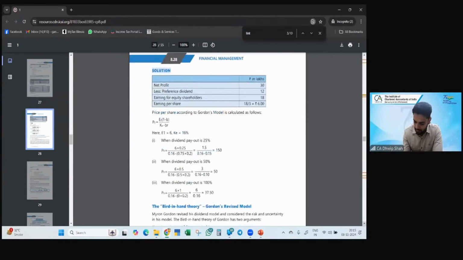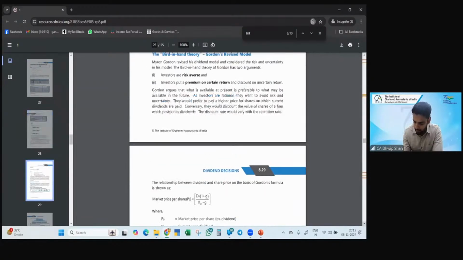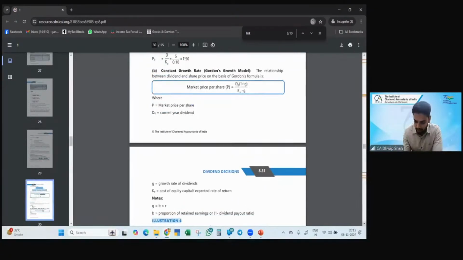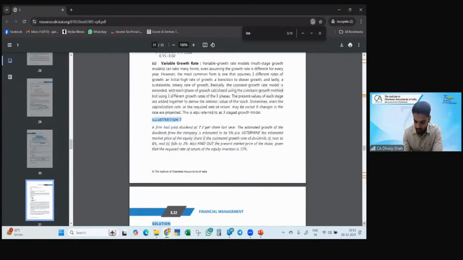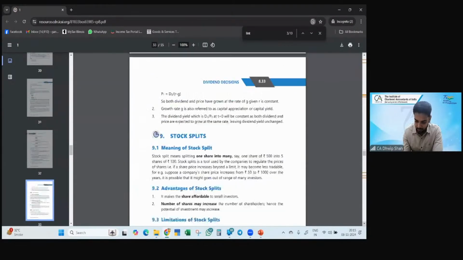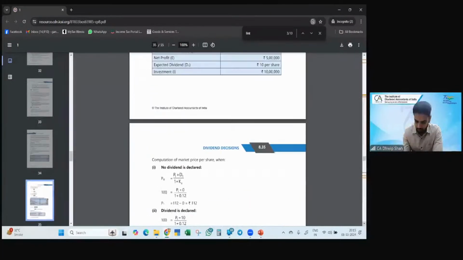For Graham and Dodd, I guess we don't have any practical illustration, but we have one MCQ. Let's see if we have MCQs.